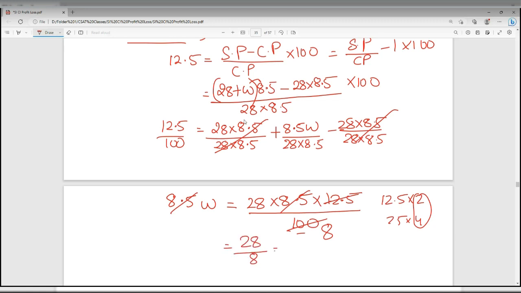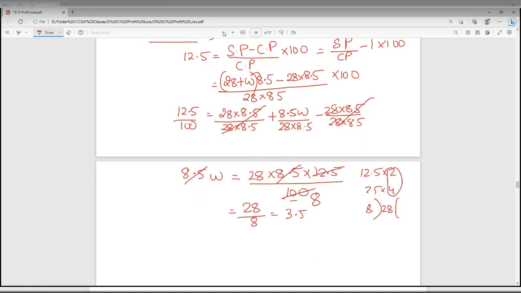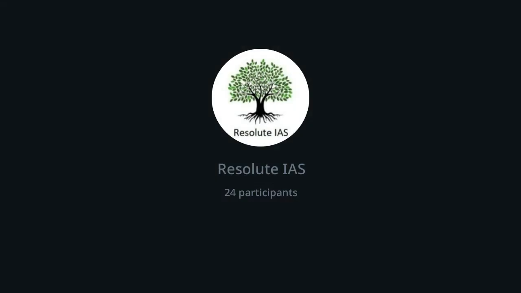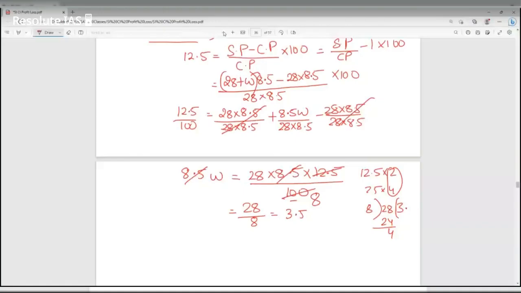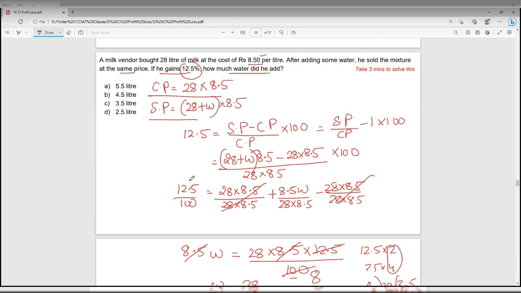If you divide it, 8 3s are 24, that's 4.0, 8 5s are 40, this is 3.5. What is this? This is W. This is 3.5 liters he has mixed. So the correct answer is C.